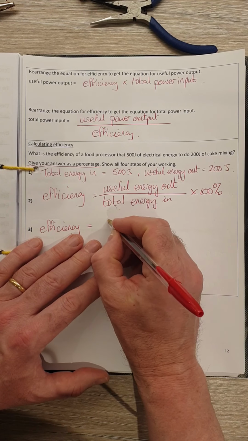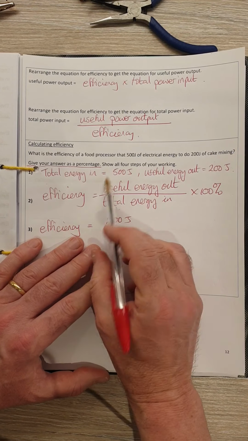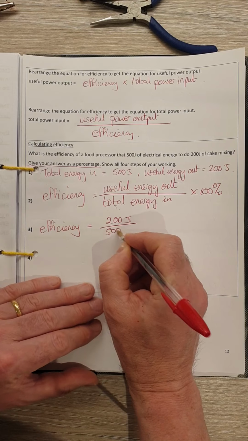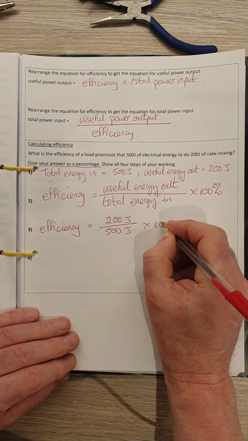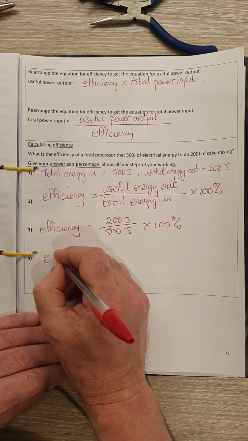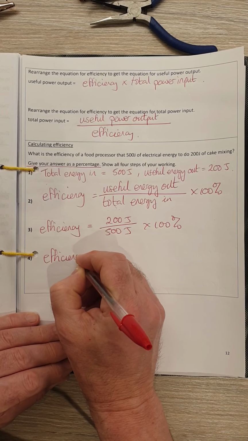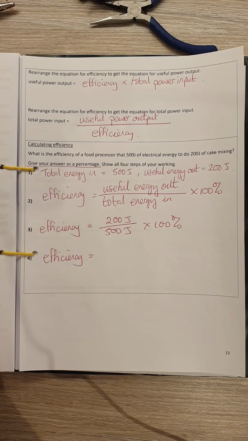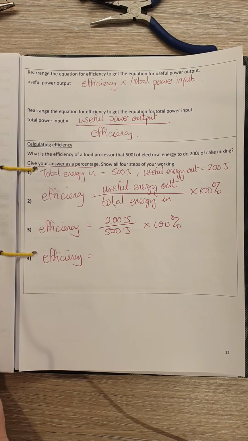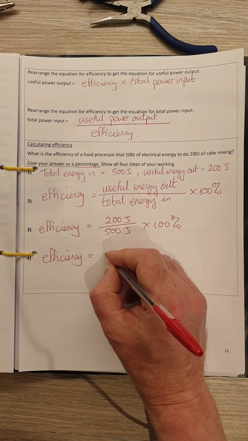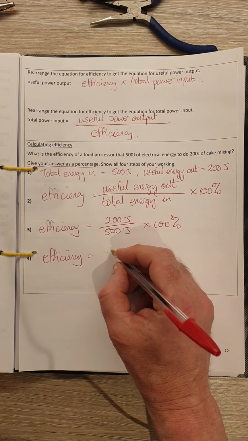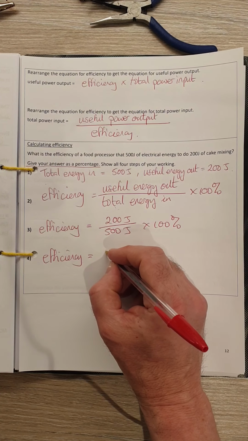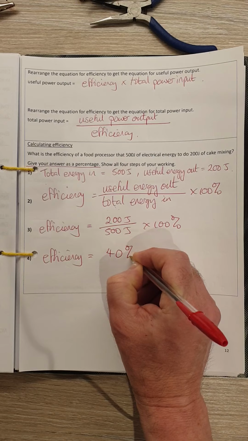Useful energy out is 200 joules. Total energy in is 500 joules. Multiplied by 100. So the efficiency, and don't forget, we always use our calculator to be sure that we get the right answer. So we've got 200 divided by 500 to give us an answer of 0.4, multiplied by 100, so that gives us an answer of 40%.